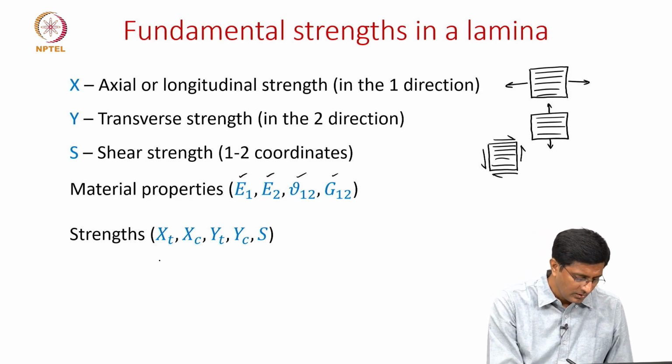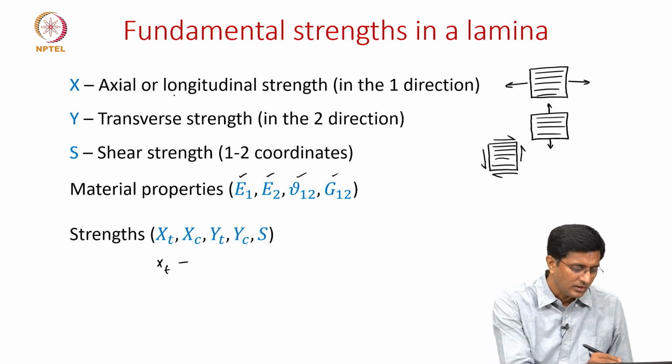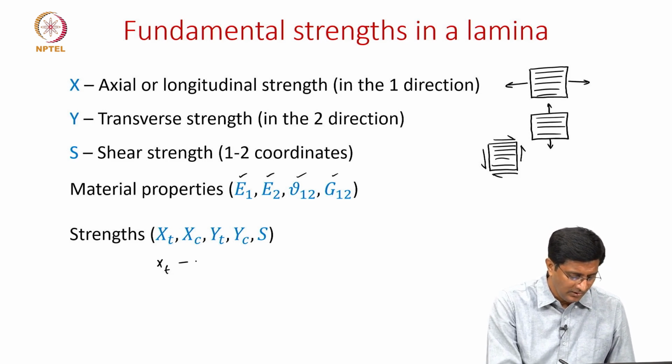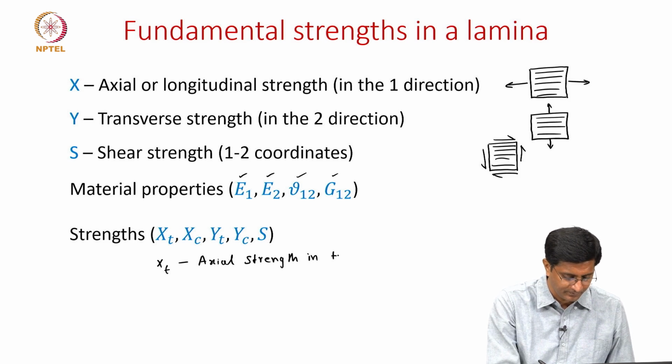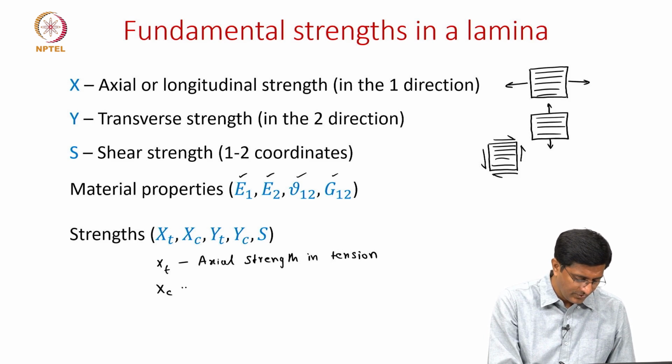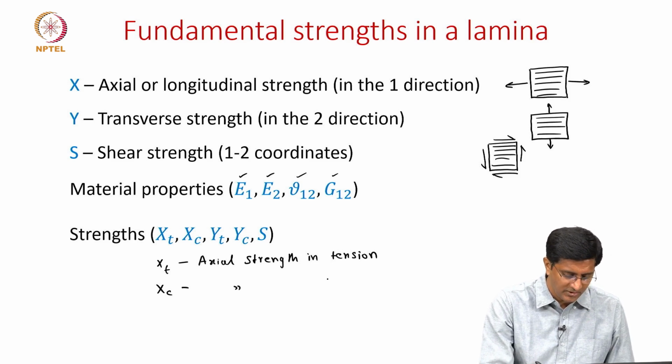So here, Xt refers to axial strength in tension, and Xc refers to the same axial strength in compression.